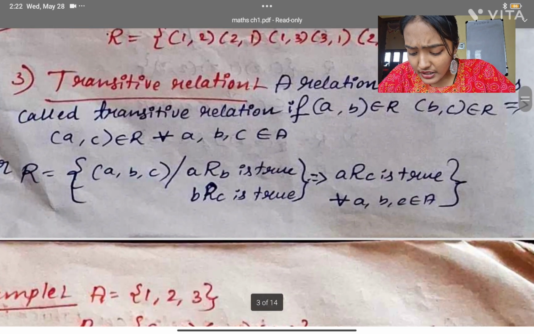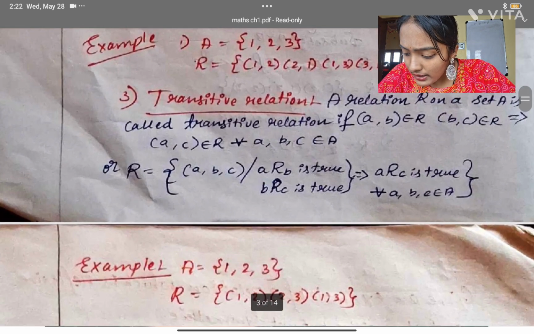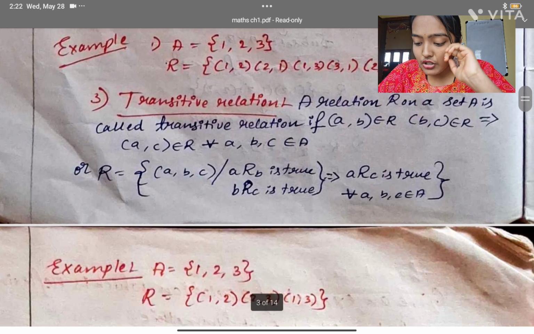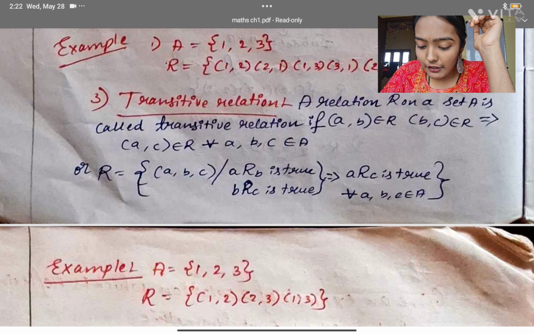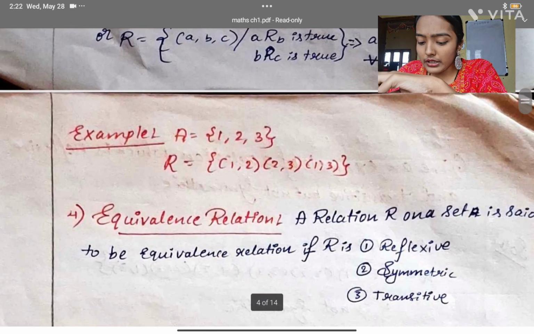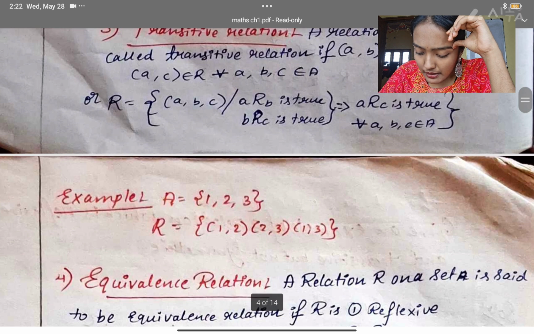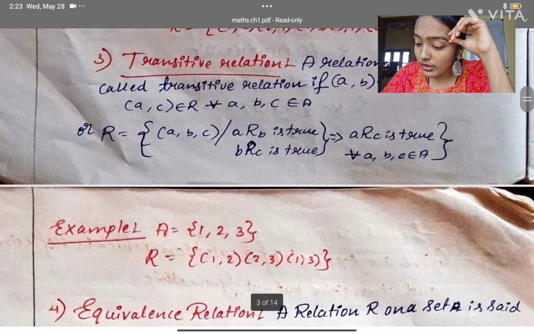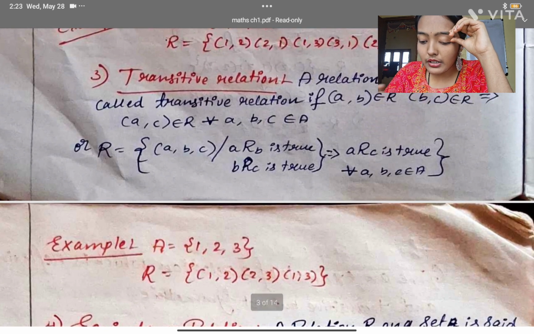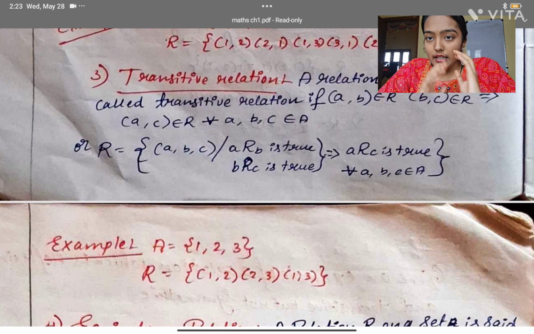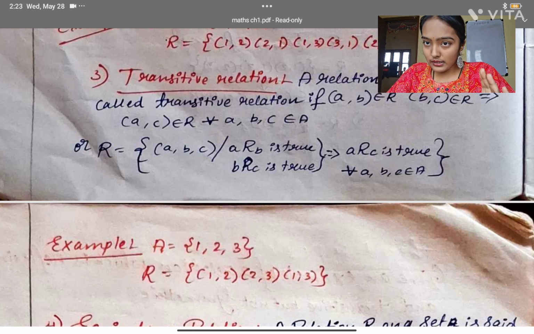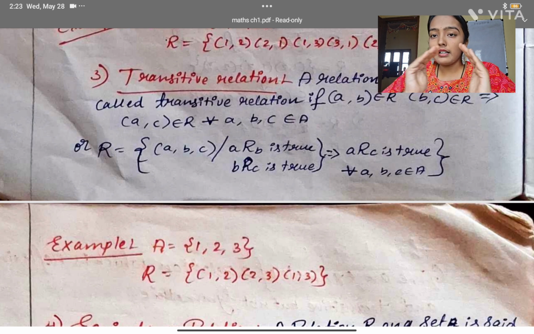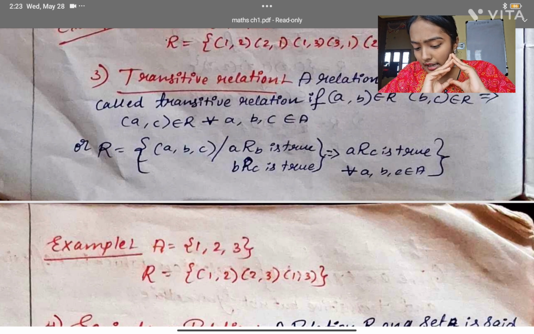A relation on a set A is called a transitive relation if (a, b), (b, c) then (a, c). If we take the example 1, 2, 3: (a, b), (b, c), (a, c), it should be that sequence only.